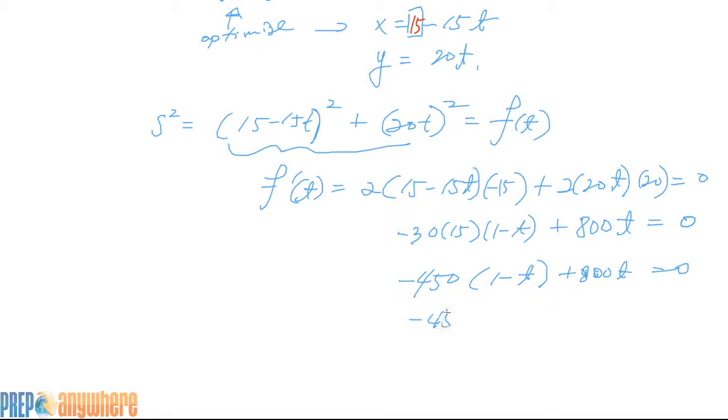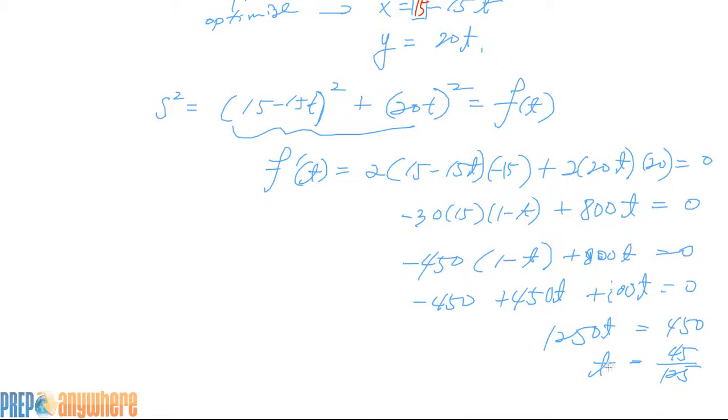Okay, so minus 450 plus 450 plus 800. So you get 1250t is equal to 450, and this is the time. So it's going to be 45 over 125, reduce more, 9 over 25. This is in hours.